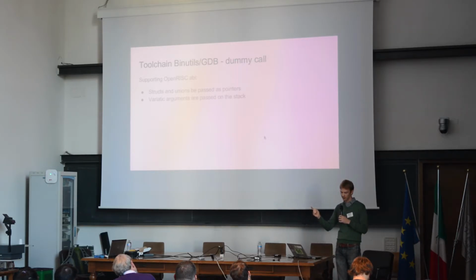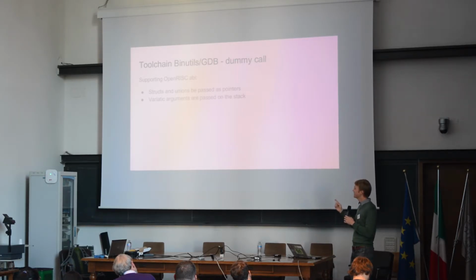And where's your pointer going to point if your data is not in memory yet? If you make a struct in the debugger and you want to pass that fabricated struct to the function call, you have to copy that struct, not onto the stack, but somewhere else in memory, and then point to it.